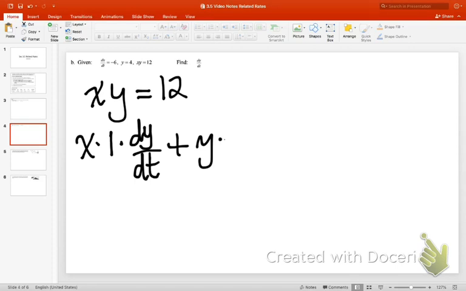So the first is x, the derivative of x is 1 times, since x isn't our main variable and t is, we have to state we did the derivative of x with respect to t, so dx/dt, equals the derivative of 12. 12 is just a constant. That's going to give us 0.